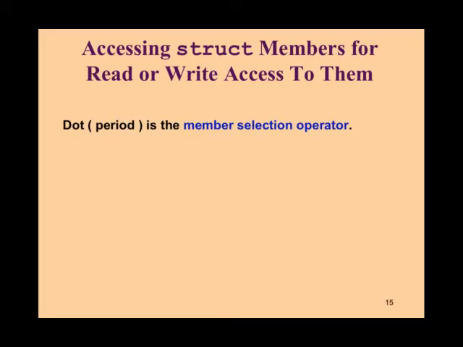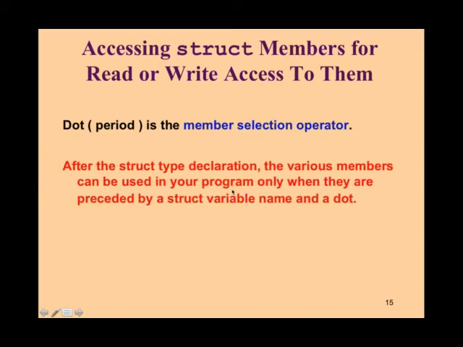Here, just a dot notation is used. The way it is used is, after the struct type declaration, various members can be used in your program only when they are preceded by a struct variable name and a dot, like this.